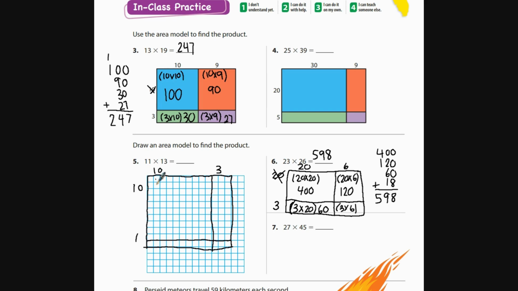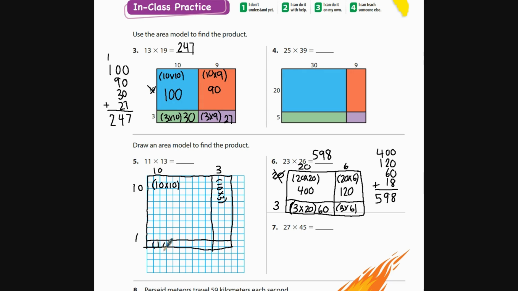Let's find our parentheses. What goes in here? 10 times 10. Let's do the parentheses first. What is this parentheses? It would be 10 again, but times 3. What would be this parentheses here? I'm done with the 10. What would be this one?